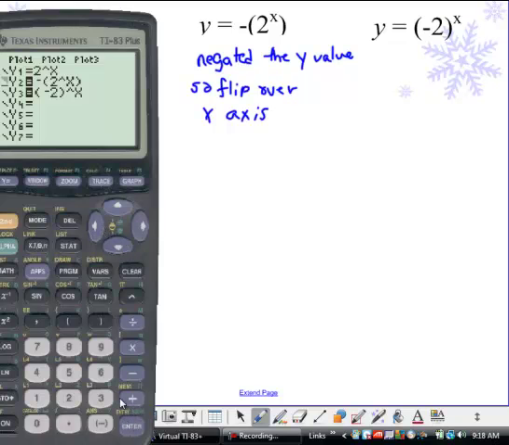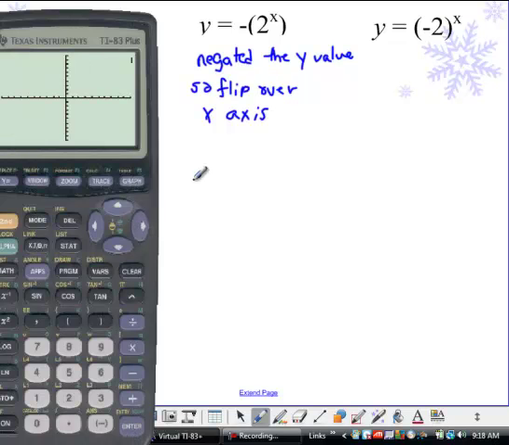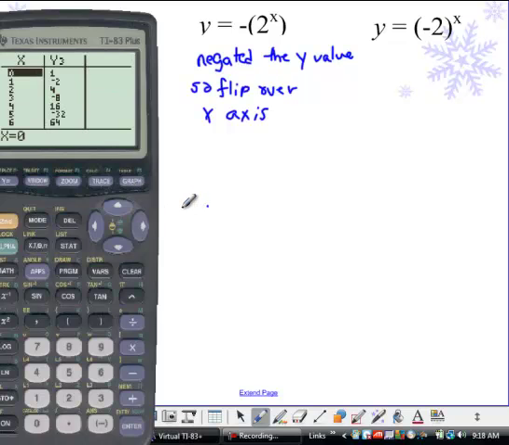Maybe it was on top of them. Whoops. Turn that off. Graph. Let me look at my table, see what's going on here. Oh, yeah. Look at the y values. Positive, negative, positive, negative, positive, negative.